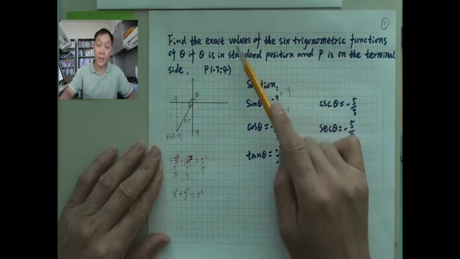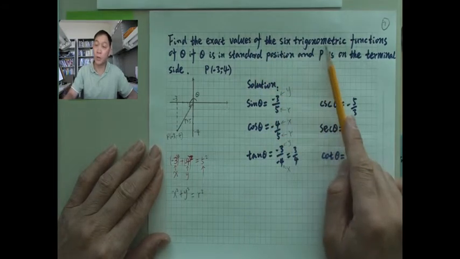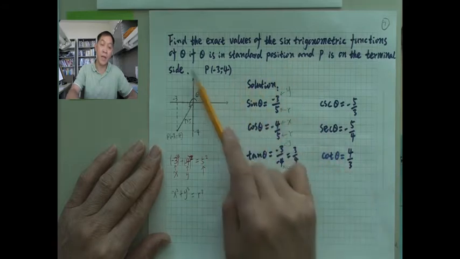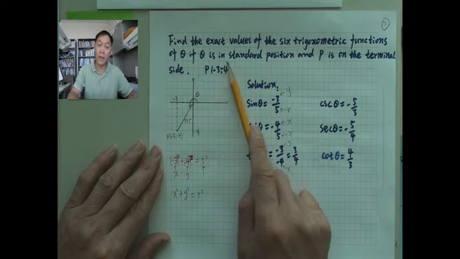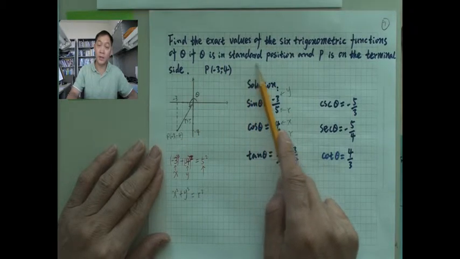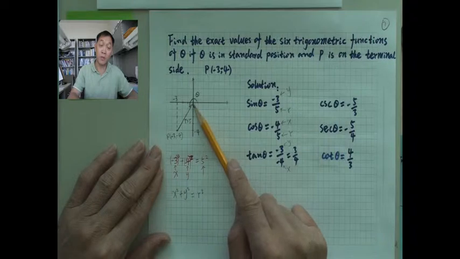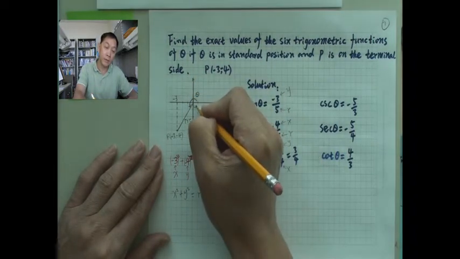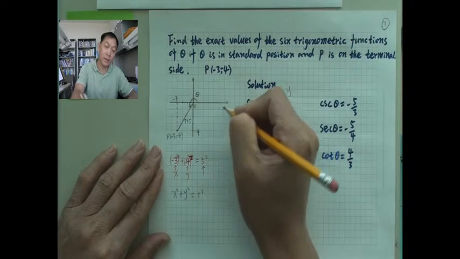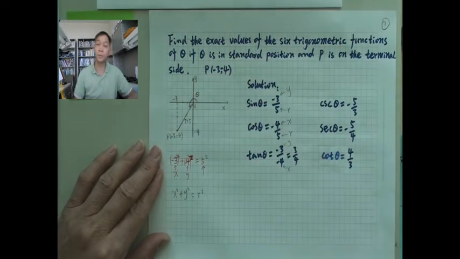So we want to find the exact values of the 6 trigonometric functions of theta. Theta in this case is in the third quadrant. Theta is in a standard position, meaning the vertex is at the origin. This is the x-axis, this is the y-axis.